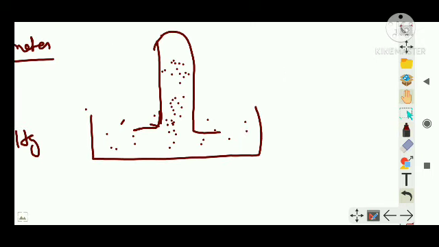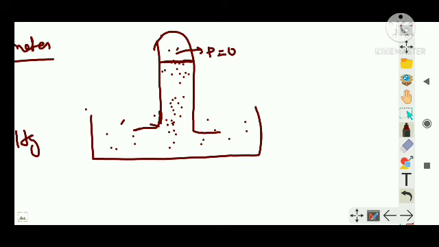Now this tube will have mercury to a certain level, and the space above the mercury is occupied by the vapors of the mercury itself. So I can say the pressure can be considered 0 at this place, that's the pressure here is 0.